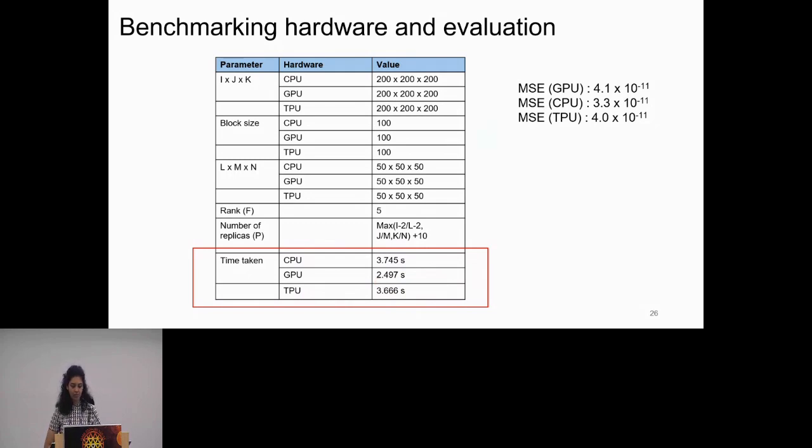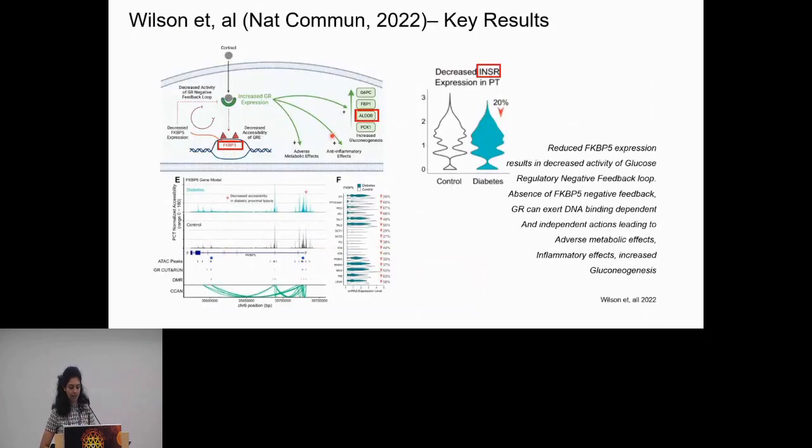And finally, just to go over some of the key results from the study, the genes highlighted here are known to be regulated in diabetic kidney disease and implicate adverse metabolic effects, are known to be included in inflammatory pathways and also glucose metabolism.